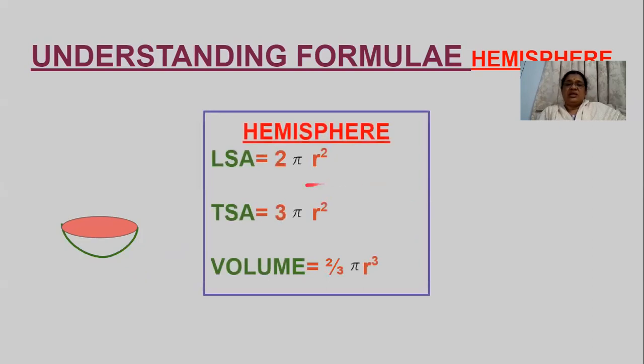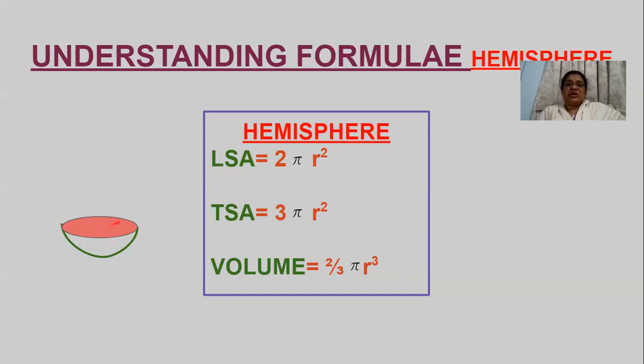Let us see. The lateral surface area will be 2 pi r square, half of the sphere. The LSA of a sphere is 4 pi r square. Hemisphere is half of sphere, therefore it is 2 pi r square, and TSA will be 3 pi r square. Why 3 pi r square? Because this white portion is 2 pi r square, and one more circle, the base, is added to this.